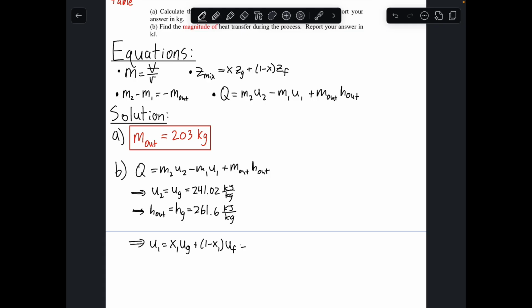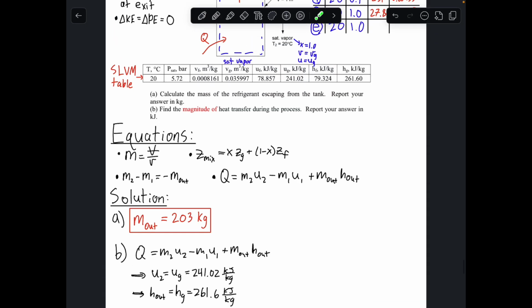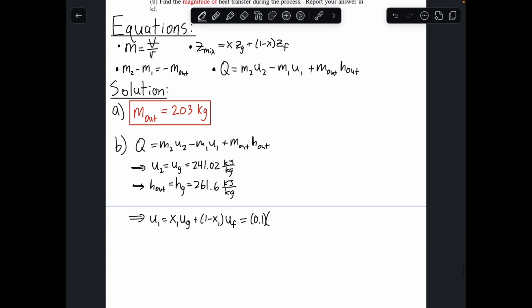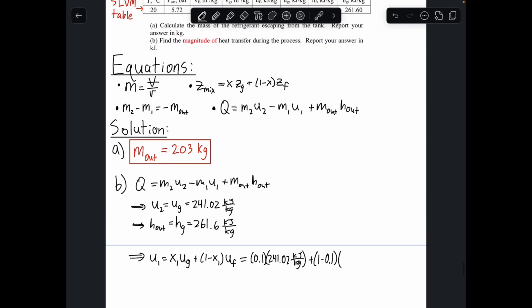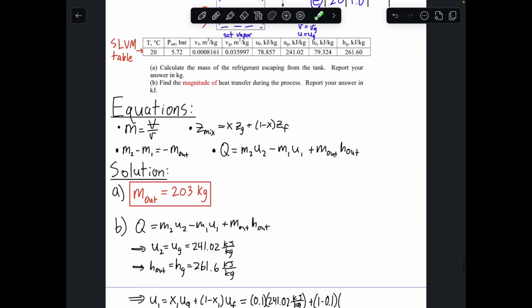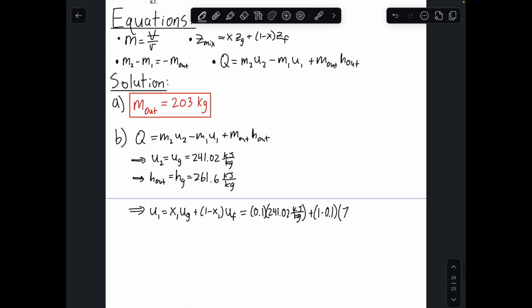This is just this equation, plugging U in for Z. So this is going to be equal to X1, which is 0.1, times Ug, which we can get from our table here as 241.02 kilojoules per kilogram, plus 1 minus 0.1 times Uf from our table here, which is this value, 78.857 kilojoules per kilogram.